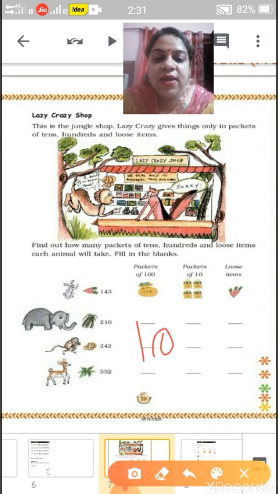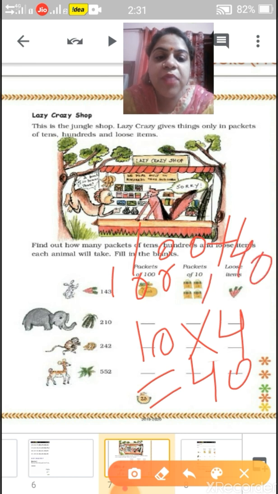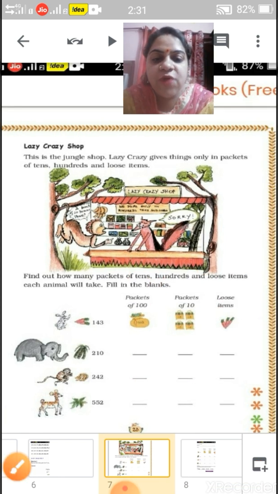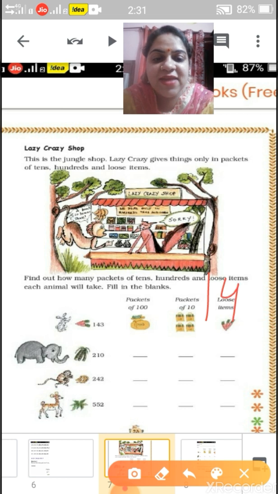You will multiply 10 into 4, so it will come 40, and here it is already 100. So 100 plus 40 plus, you can count here, 3 carrots were here, 1, 2 and 3. So plus 3, so it will come 143.